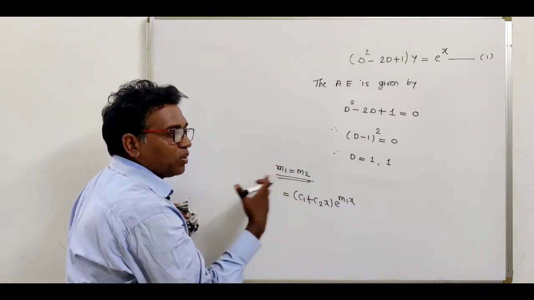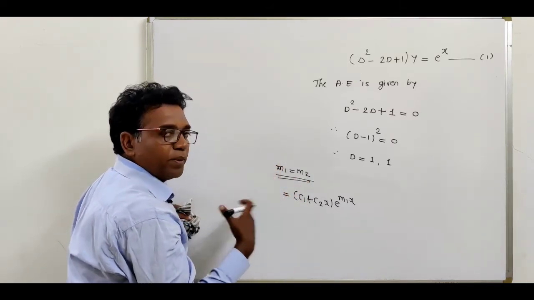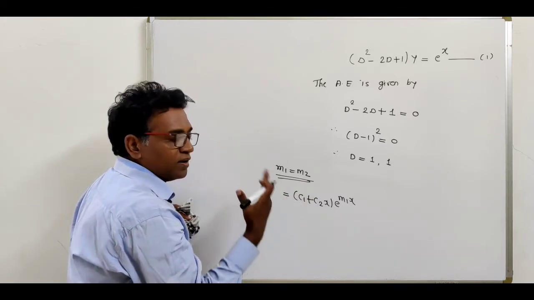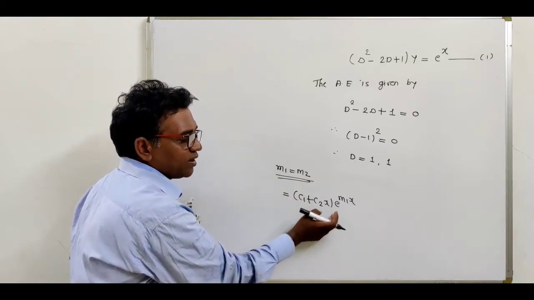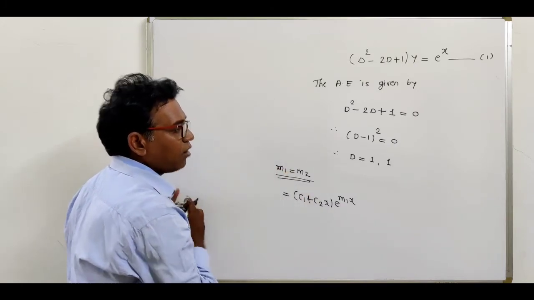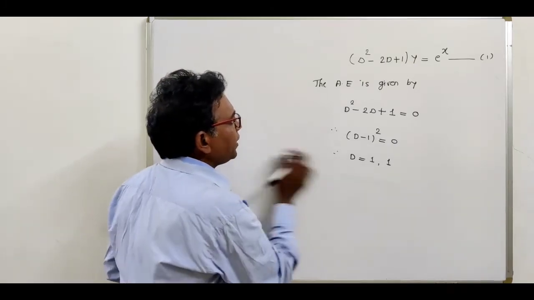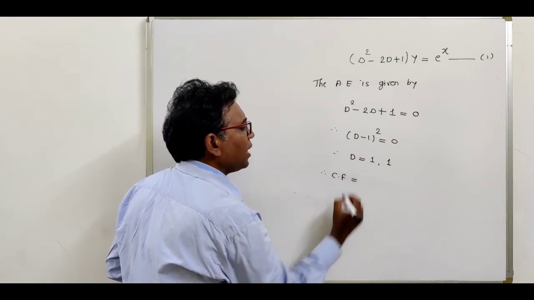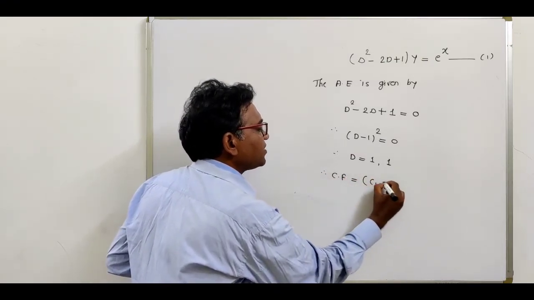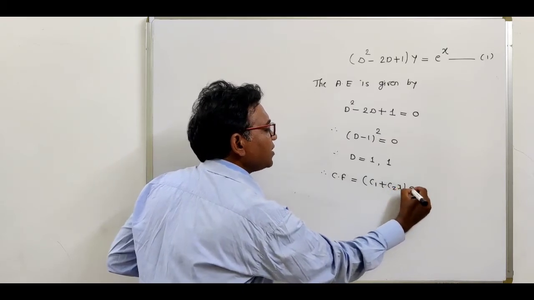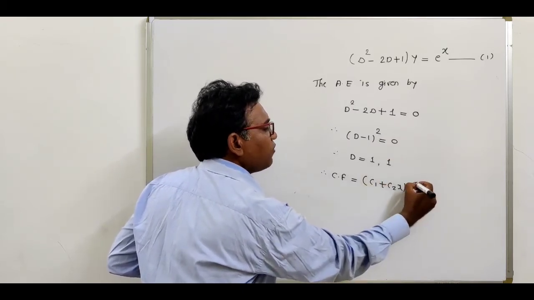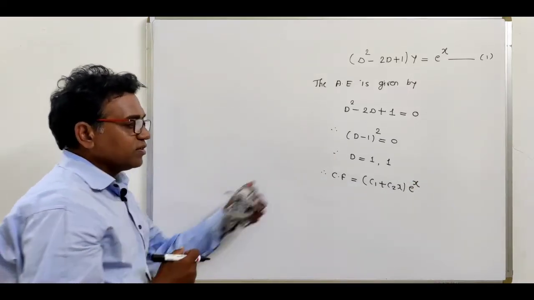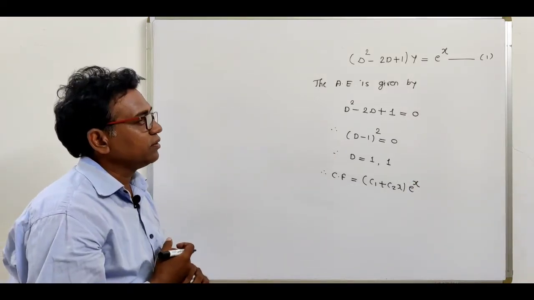Therefore, complementary function CF is equal to (c1 plus c2x) into e raised to m1x. Here m1 is 1, so just write x. So this is our complementary function.